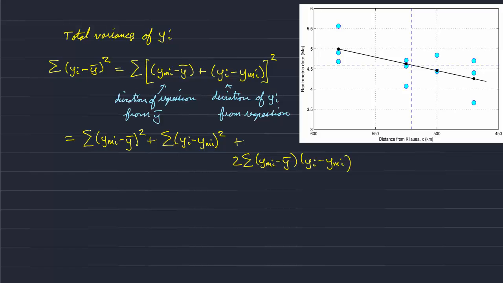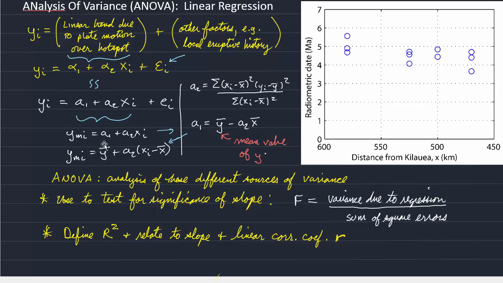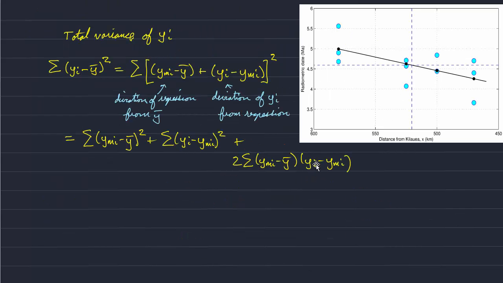And it turns out that if we remember these definitions for our model value, we can substitute it into this and show that the cross terms actually go to 0. You can refer to the Draper and Smith handout, which is posted online.